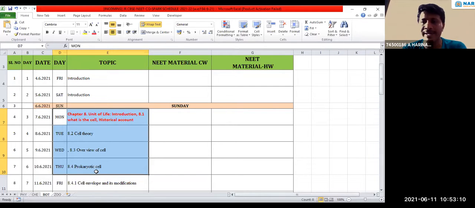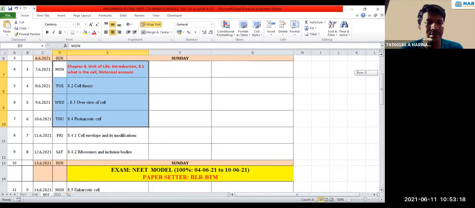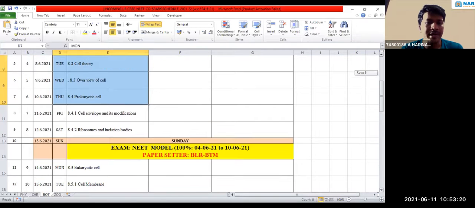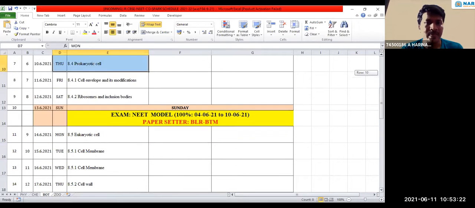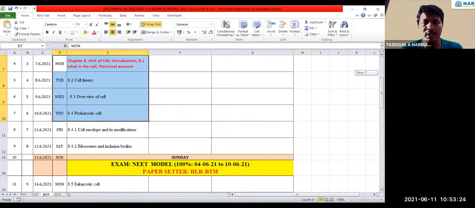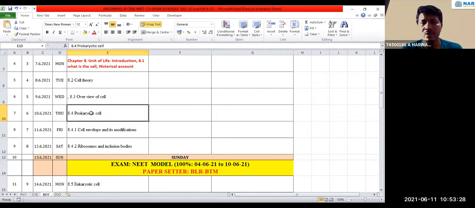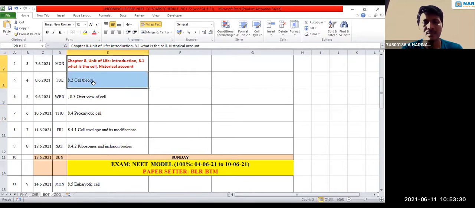Only up to the prokaryotic cell. The ribosomes and inclusion bodies again for next week. So they are given only up to 10, and the 10th means the prokaryotic cell. Right, so once again I will go through the important points.